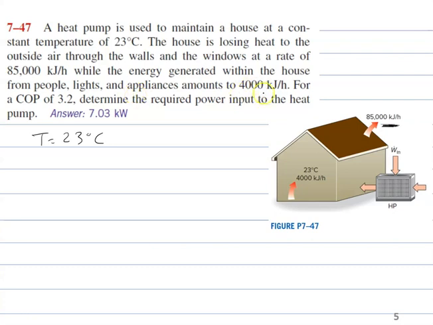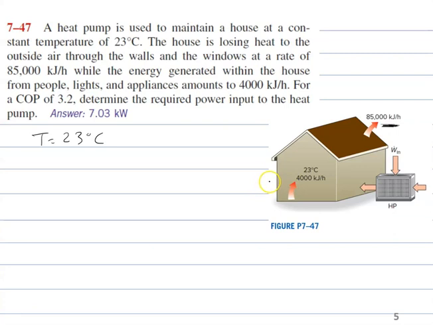So this 4,000 kilojoule per hour is from the people and from the appliances, TV and other electrical appliances. So these are input heat that will be generated. For a COP of 3.2, determine the required power input to the heat pump.